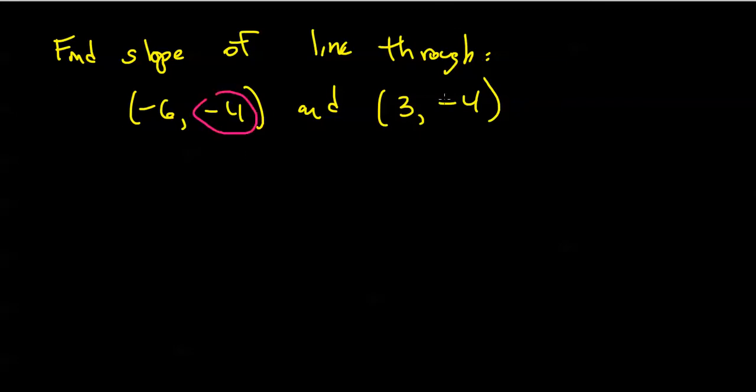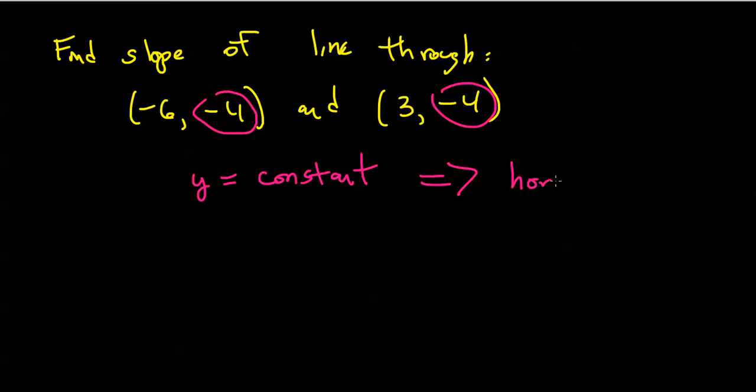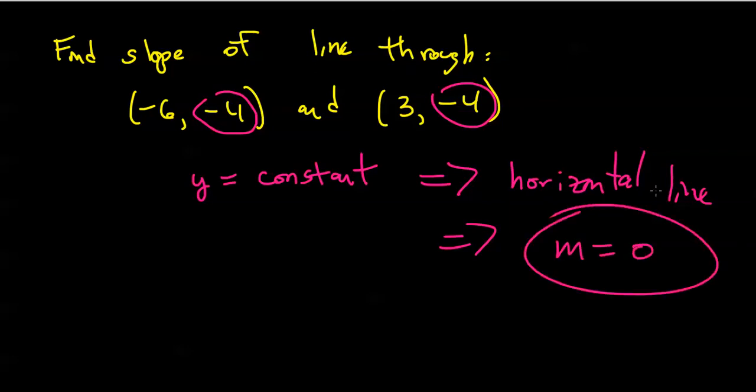The y values are the same. And when y values are the same, that means between those 2 points, y is constant. And if y is constant, I've got a horizontal line, do I not? And if I've got a horizontal line, that means my slope is 0. Horizontal lines always have a slope equal to 0.